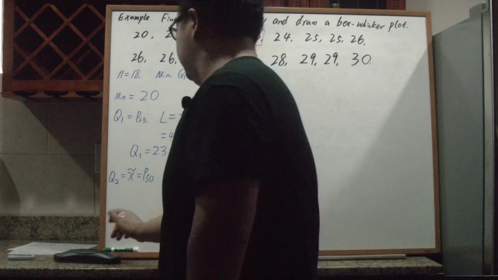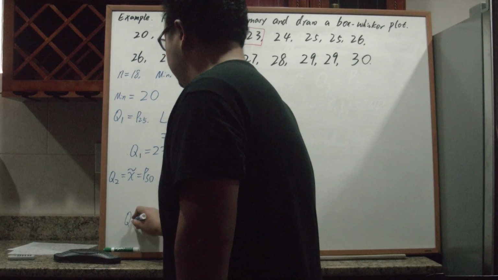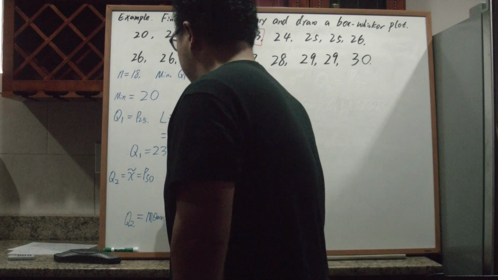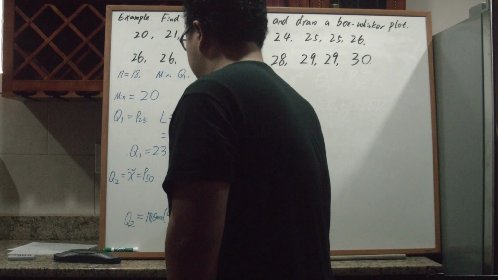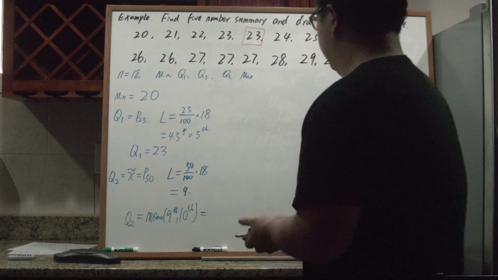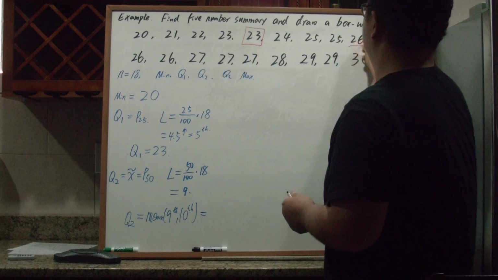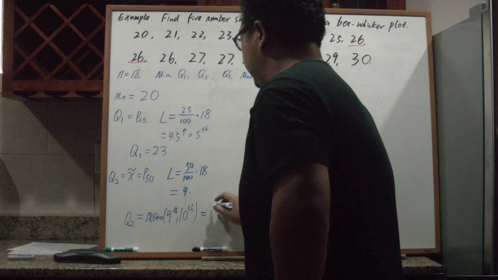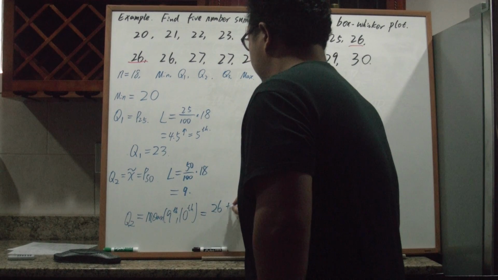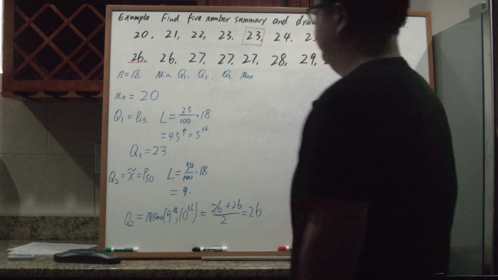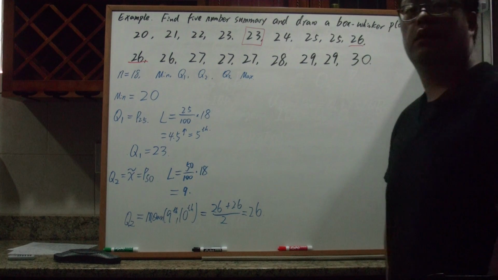The 9th and 10th values, so Q2 will be the mean between the 9th value and the 10th value. The 9th value is 26, and the 10th is also 26. So the average between the two 26s is still 26.